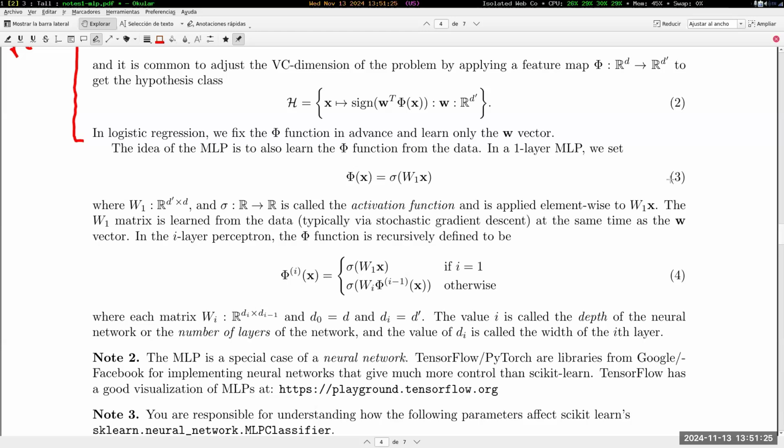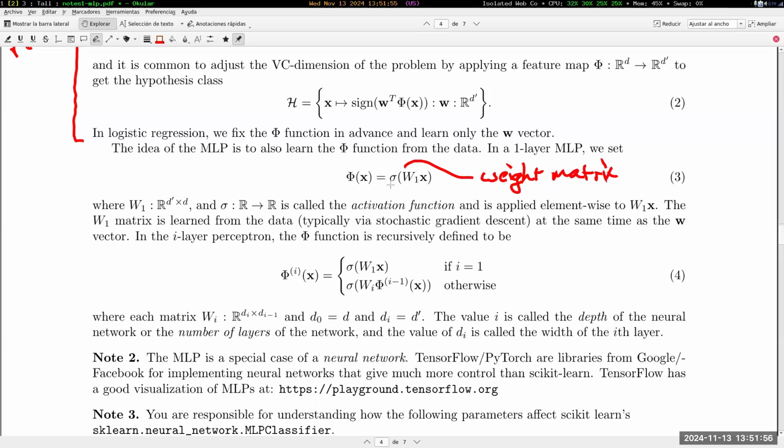This equation 3 right here is the key formula for the multi-layer perceptron, that we are creating some new feature map, some new phi of x, and it's parameterized by this W1 here. This is sometimes called the weight matrix. And now not only are we learning this W from the hypothesis class up here, we're also learning this W1 from this phi function down here.